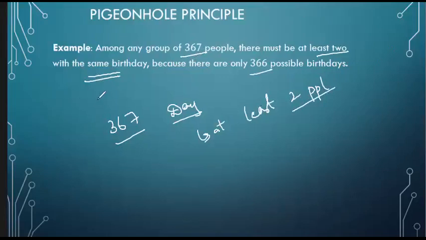Apart from that, we can also see another example. Suppose we have a group of 27 English words. And how many alphabets do we have? We have 26 alphabets in the English language.